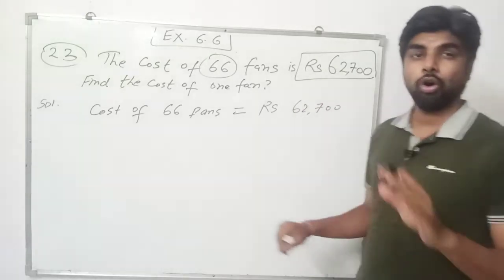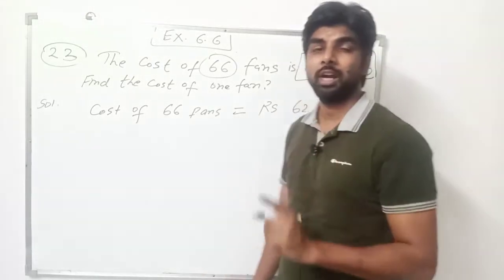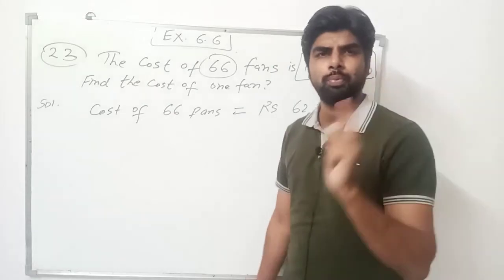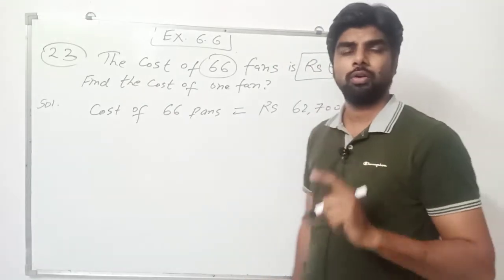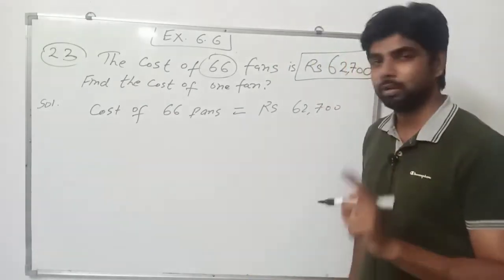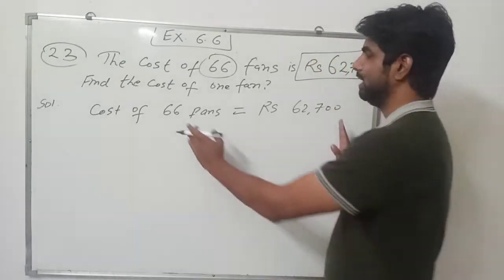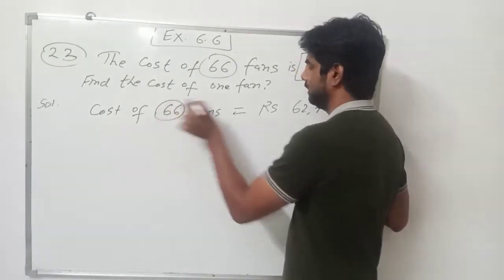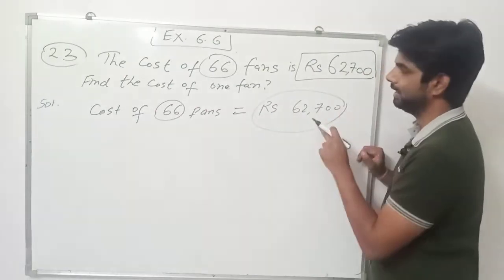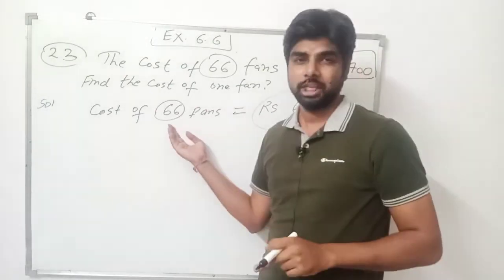Now always remember, whenever we have to find out the cost of one, or population of one, or price of one, or rate of one, whenever we have to find out one thing, we divide these quantities, the larger quantity by the smaller quantity.